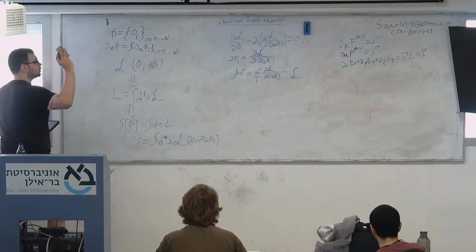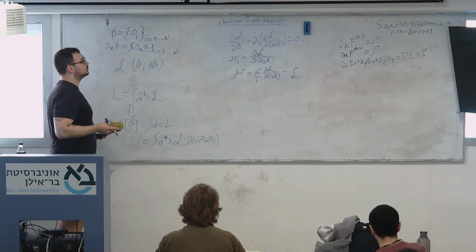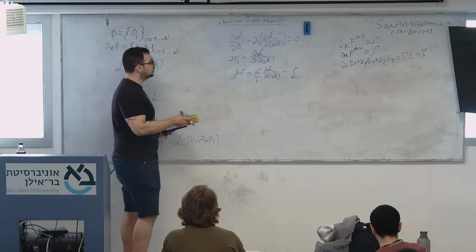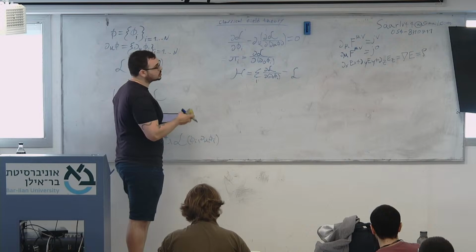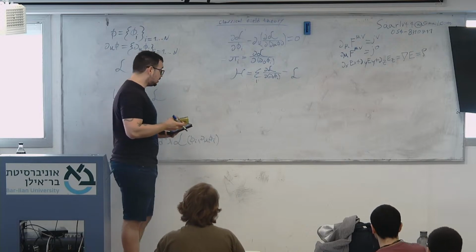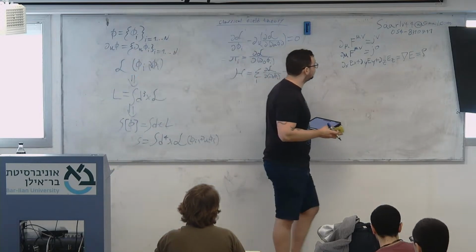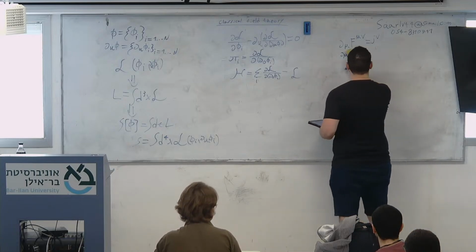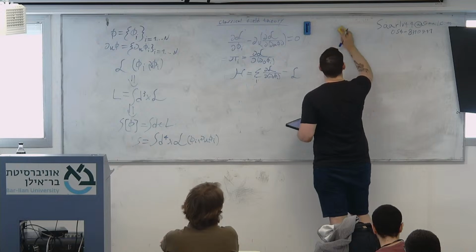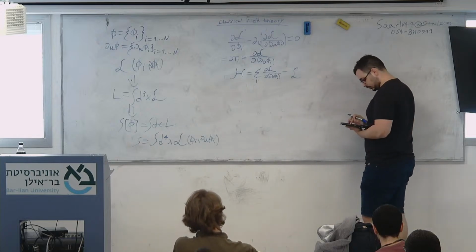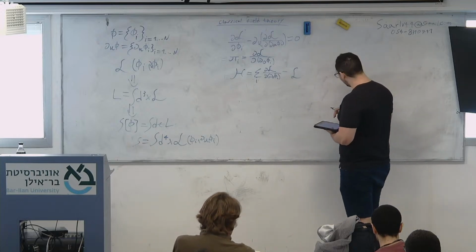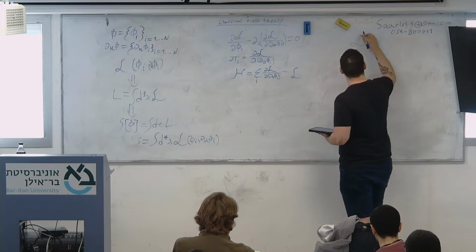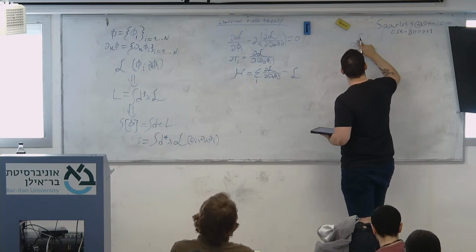Now after we did this quick recap, we can go back to classical field theory and try to use this to examine our electromagnetic field. So, we'll start by guessing the Lagrangian density.